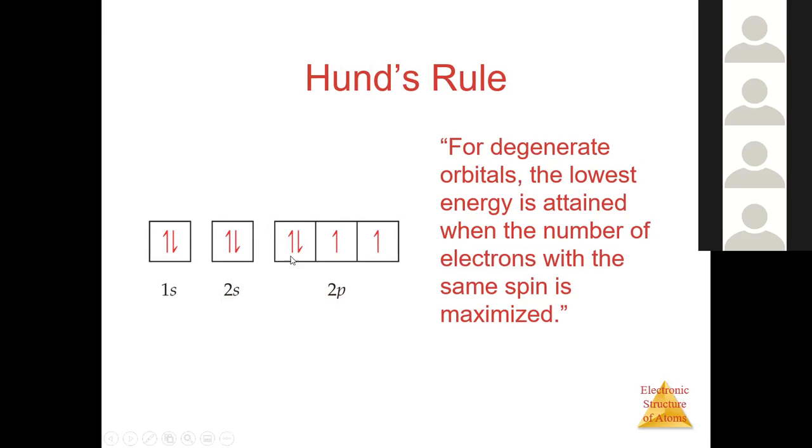You want to put the arrows all going up when you put them into the suborbitals. It is only when you have filled all the individual suborbitals and you have to put a second electron in that you put it in the opposite spin. Does that make sense, guys? Yeah.